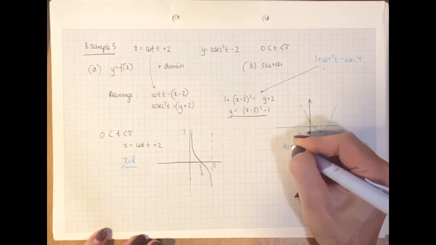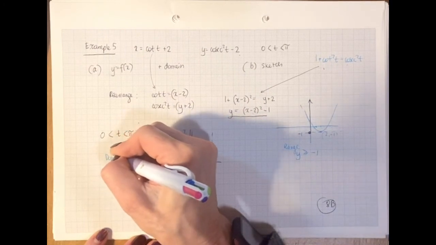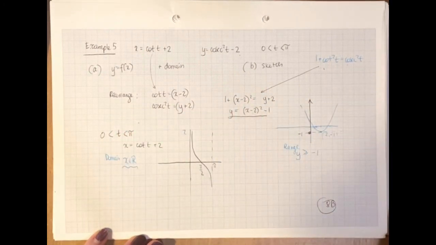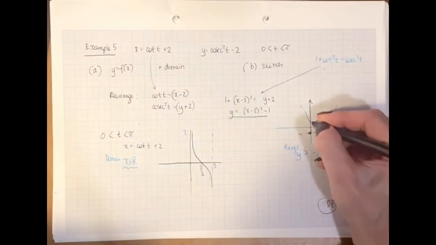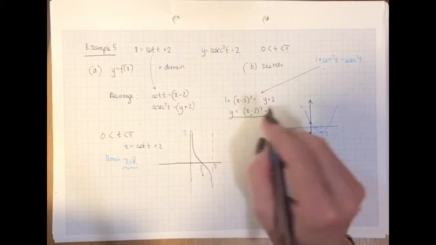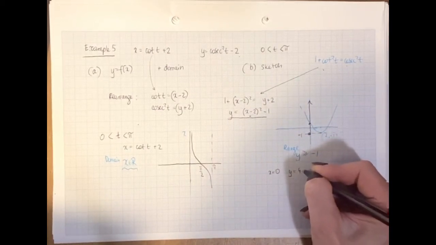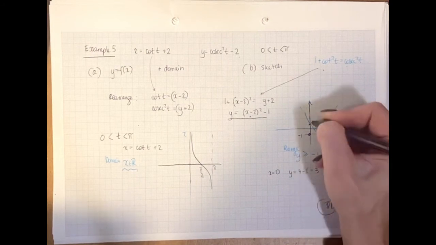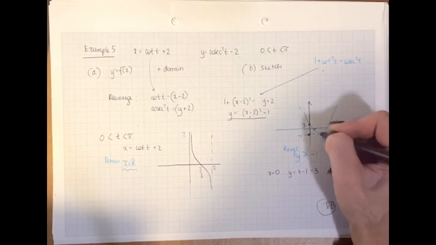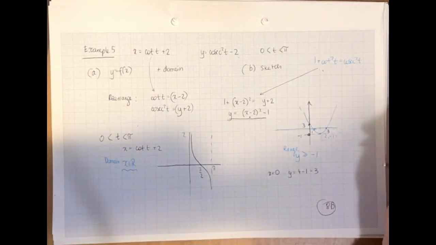That's the range, and that's the domain. And I've already sketched it because I couldn't resist doing it. So maybe find that point over here: when x is equal to 0, y is going to be 4 minus 1, which is 3.